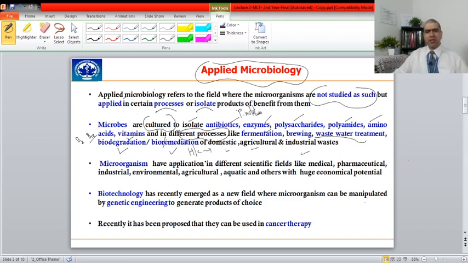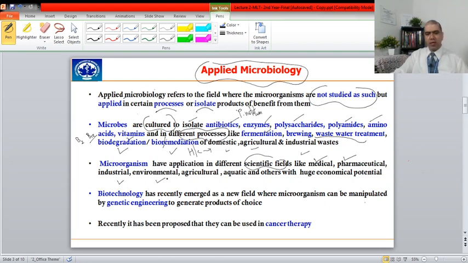So microorganisms have applications in different scientific fields. I can give examples of it. We can start with the medicinal fields, because you are particularly involved in the medicinal lines, paramedical staff. So we will see that they also have applications in pharmaceuticals, applications in industrial microbiology.